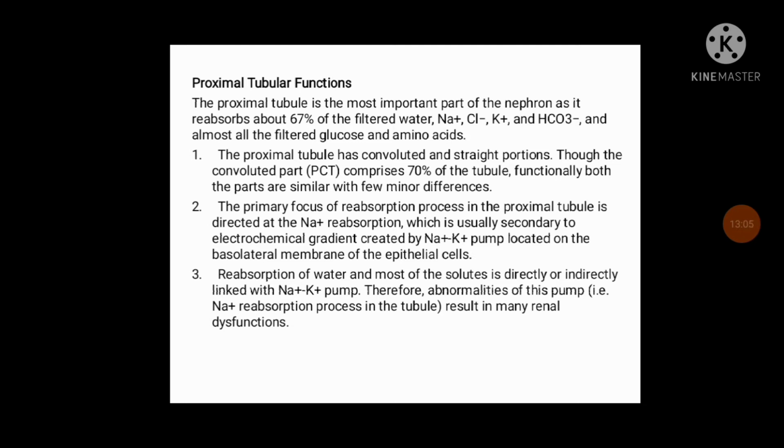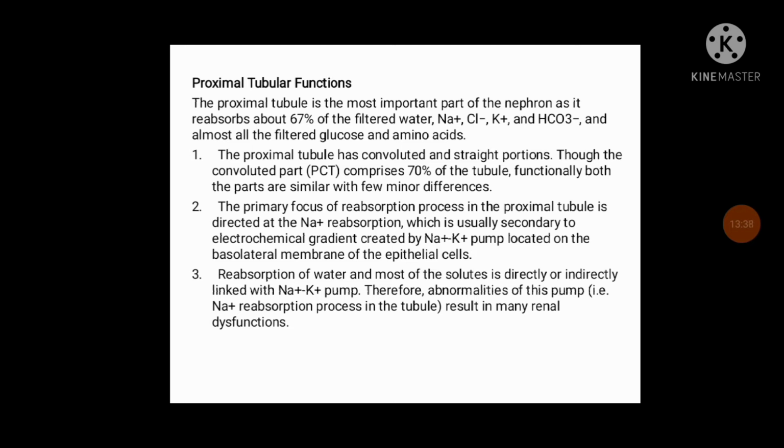The proximal tubule has convoluted and straight portions. Though the convoluted part comprises 70% of the tubule, functionally both parts are similar with a few minor differences. The primary focus of the reabsorption process in the PCT is sodium reabsorption, which is usually secondary to the electrochemical gradient created by the sodium potassium pump located on the basolateral membrane of the epithelial cells.